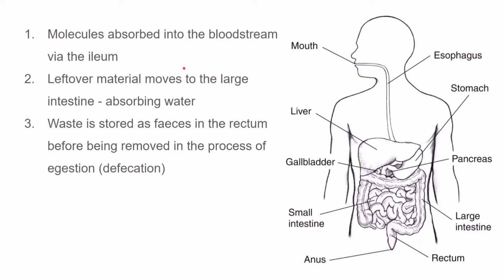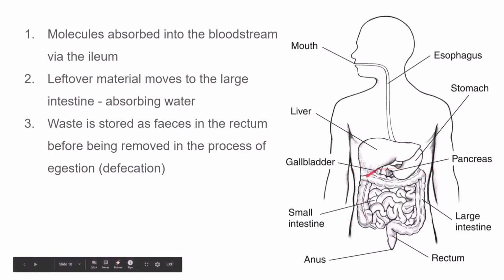And to finish, we know that our molecules are then absorbed into the bloodstream via the ileum. So the ileum, as we said, is the bottom of the small intestine. So these molecules are absorbed via the epithelial cells on the villi in the ileum into our bloodstream. But what happens to the leftover material? Well, the leftover material that isn't absorbed into the bloodstream moves into the large intestine.